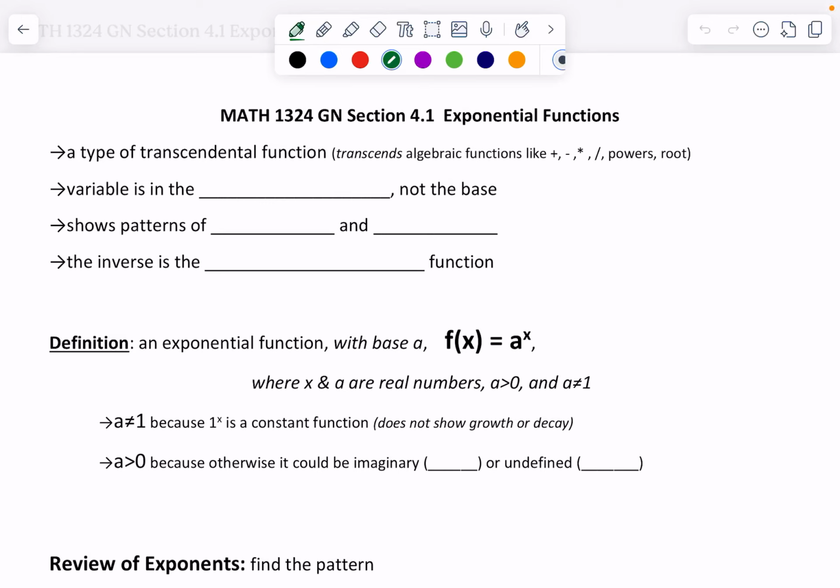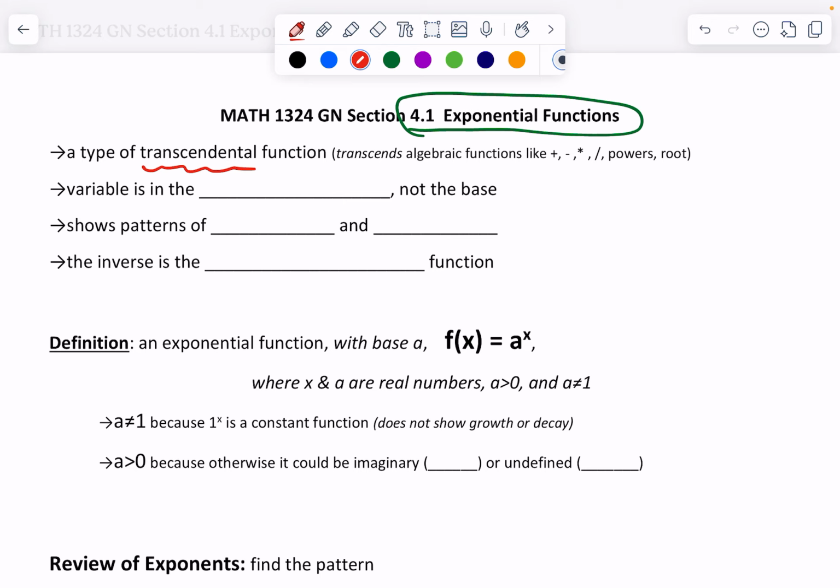All right, we are moving on to chapter 4, and 4.1 is exponential functions. An exponential function is a type of transcendental function, which transcends algebraic functions like plus, minus, multiplication, division, powers, and roots.